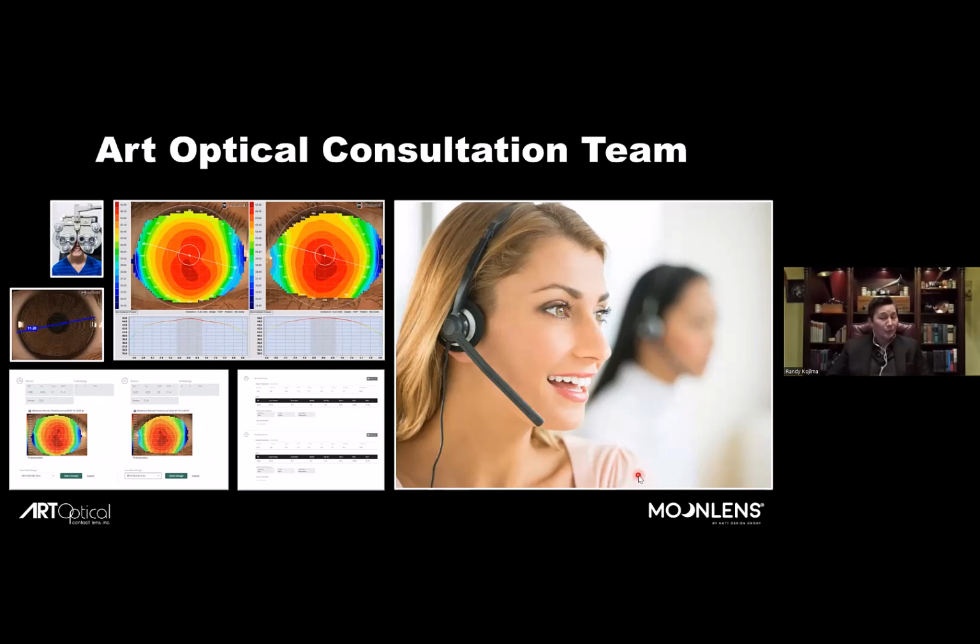However, you can achieve a very high level of first fit success if you take good topography, upload it to the cloud, let the platform do its thing, and it'll design the appropriate moon lens for you the vast majority of the time. Then, if you need to tweak it, if you need to squeeze out a little more effect, if you need to move the treatment zone up, down, or laterally, the platform is going to help you through that.